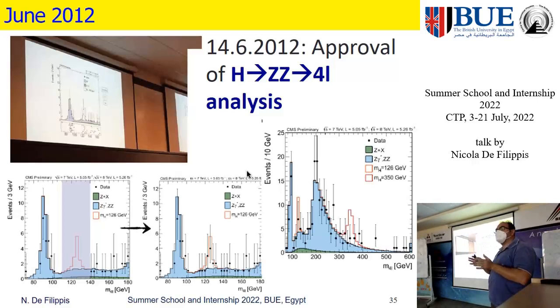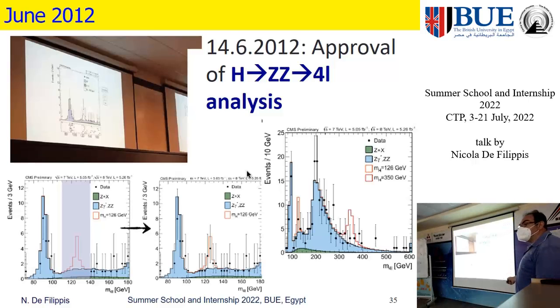So what does it mean? It means that you don't look at the data in this region until you complete your analysis with the simulated data and with data in the sidebands. This is because you don't want to be biased by a possible signal observed in data.